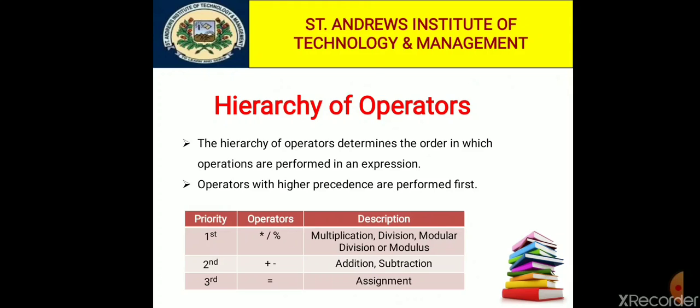If the precedence is the same, then the direction of evaluation is determined by the operator's associativity. It may be either from left to right or right to left. While executing an arithmetic statement which has two or more operators, we may have a problem as to how exactly it gets executed. Then we use the hierarchy of operators.